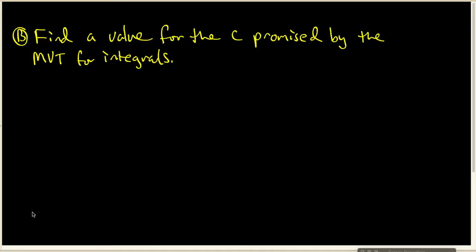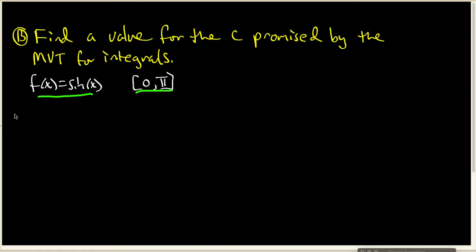Now let's look at finding the c that is promised by the mean value theorem. We're still dealing with f of x equal to the sine of x, and our interval is still the interval between 0 and pi. And as I said before, this function is continuous on that interval.